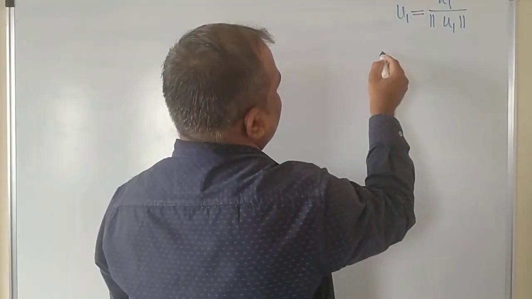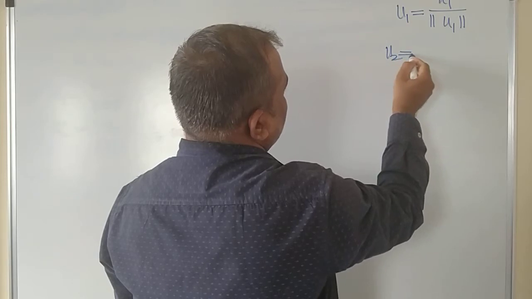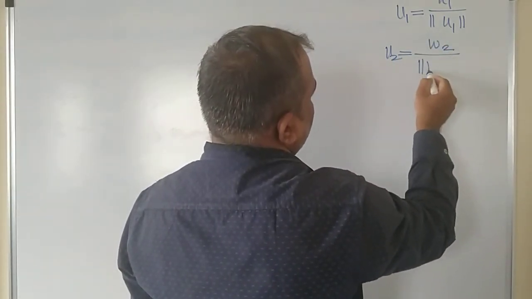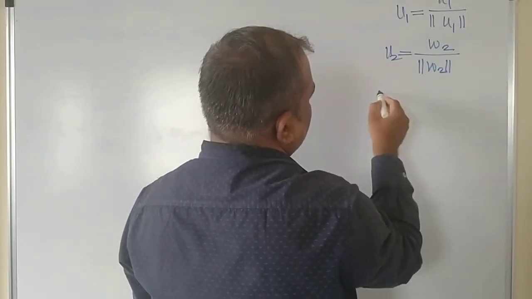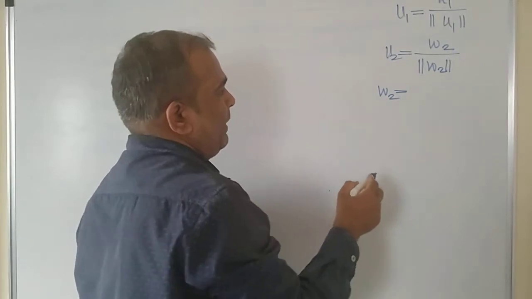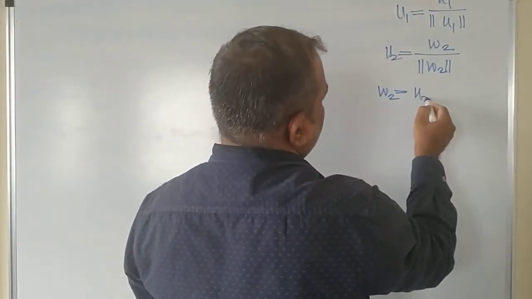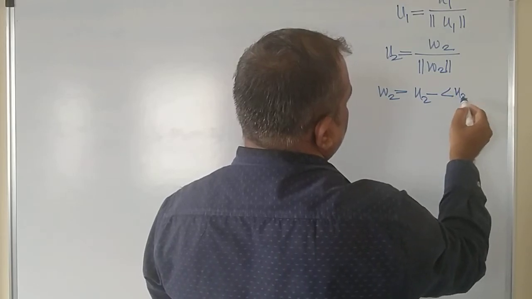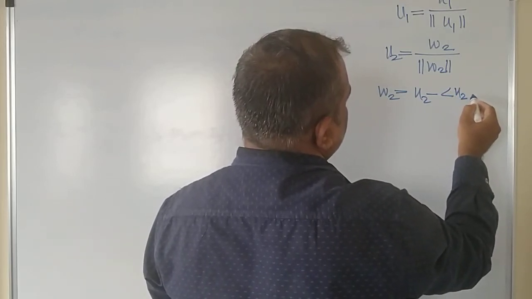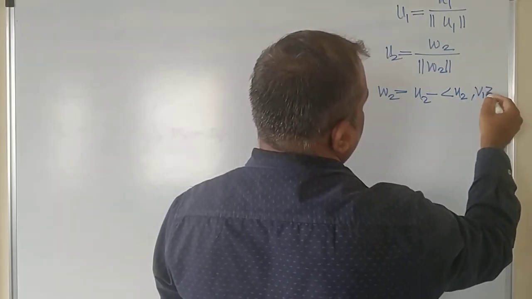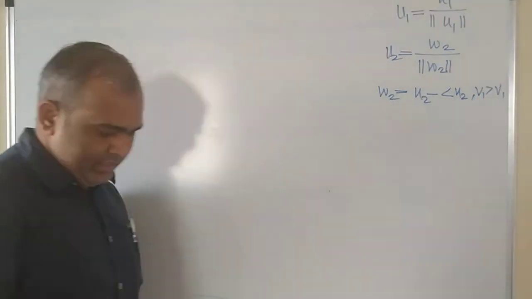The second vector v2 is equal to w2 divided by the norm of w2. And w2 is equal to u2 minus inner product of u2 with the earlier calculated vector v1 into v1.